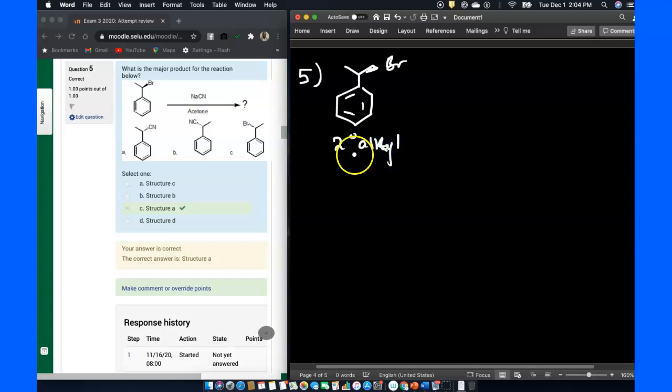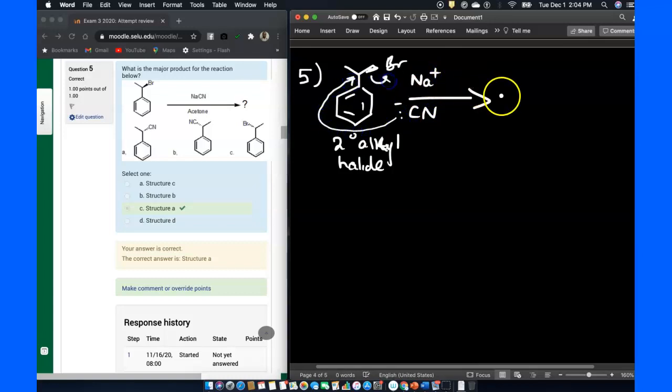No worries about sterics. I know that NaCN can be written as Na+ and CN-. So this is the nucleophile that will do a back attack. And because there's a back attack, there's inversion of configuration.